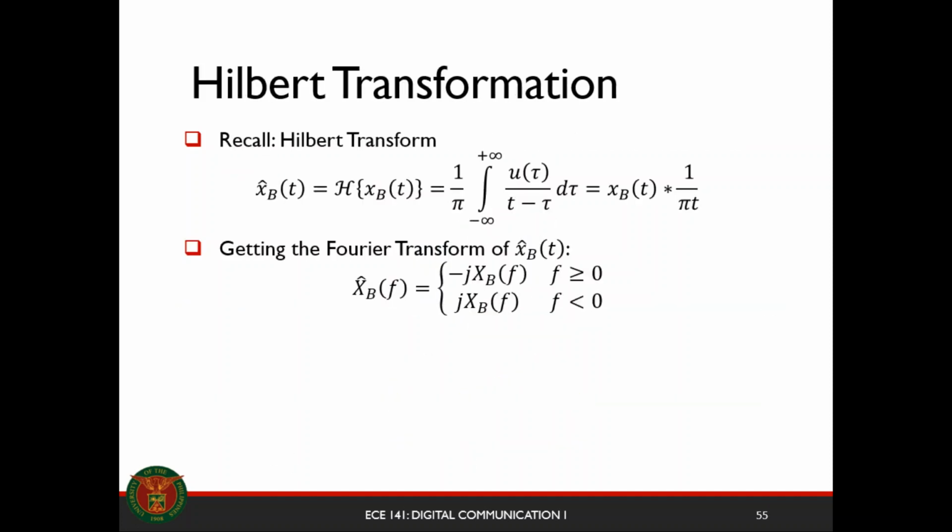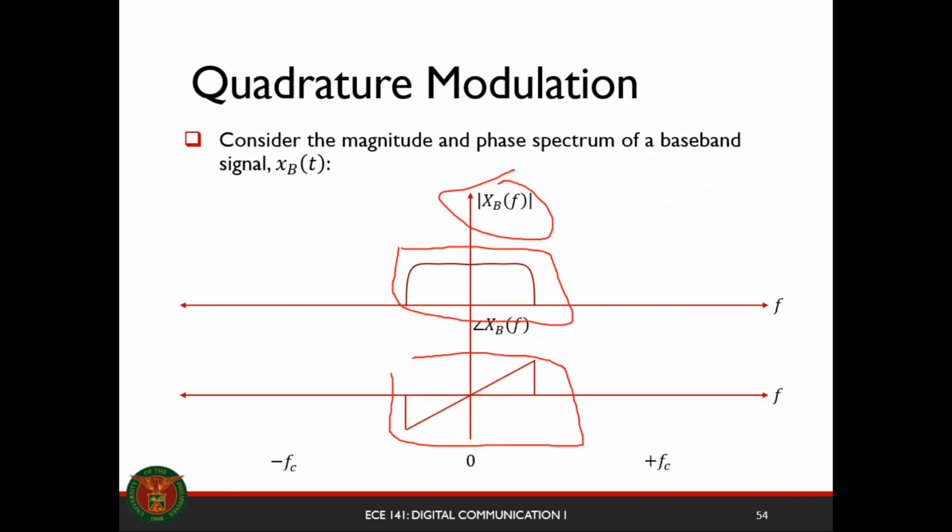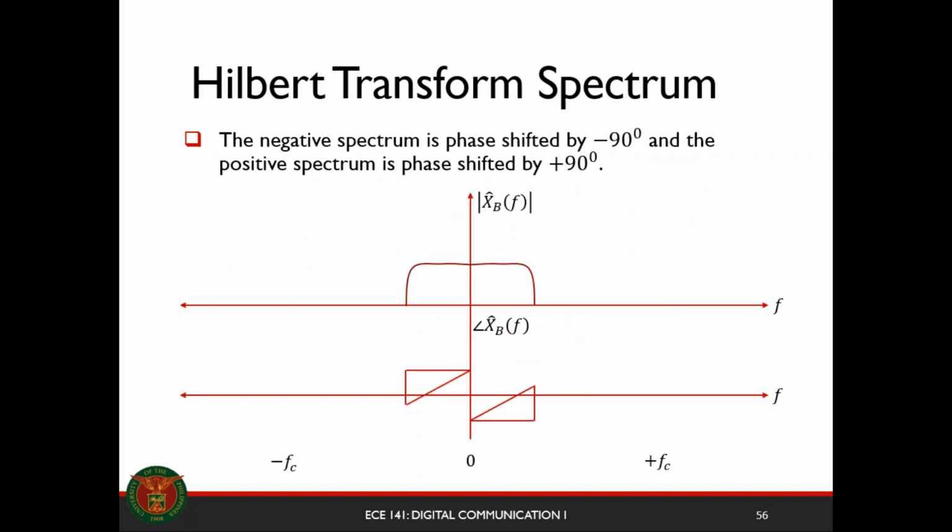By using the Hilbert transform, if you get the Fourier transform of the Hilbert transform, basically its frequency spectrum is multiplied by negative j in the positive frequencies and positive j in the negative frequencies. So from this, it will become this spectrum right here.